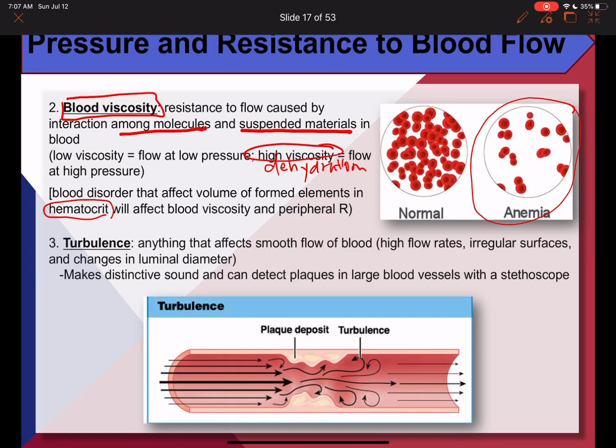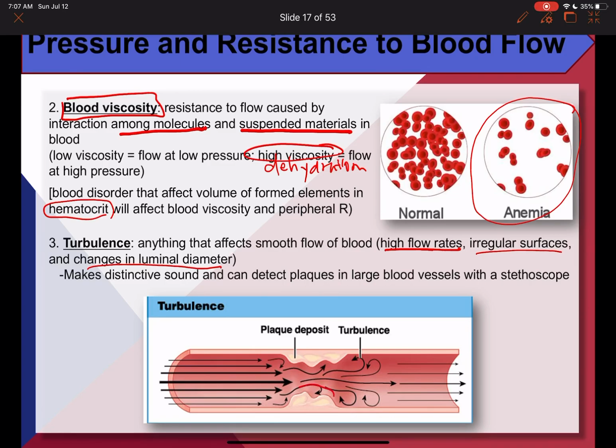And the last factor that contributes to resistance is if any turbulence occurs within blood flow. Turbulence is defined as anything that affects smooth flow of blood: high flow rates, irregular surfaces, changes in your luminal diameter. All of those can contribute to turbulence within flow. We have already talked about how turbulence in blood flow will produce a distinctive sound when listening with a stethoscope, for example, if there was a plaque in large blood vessels.